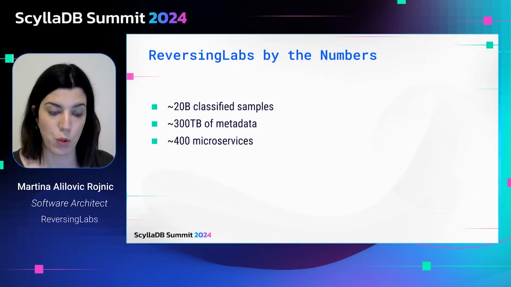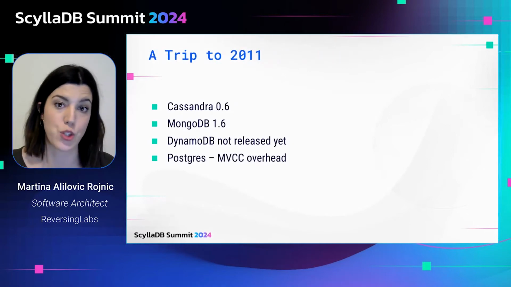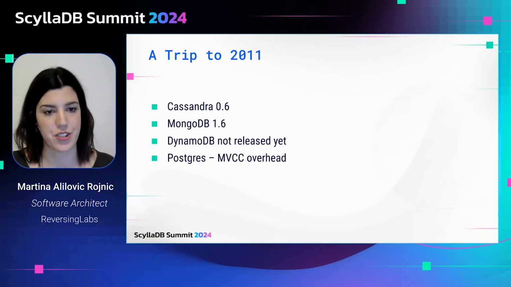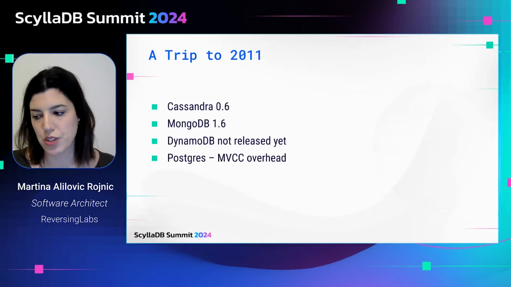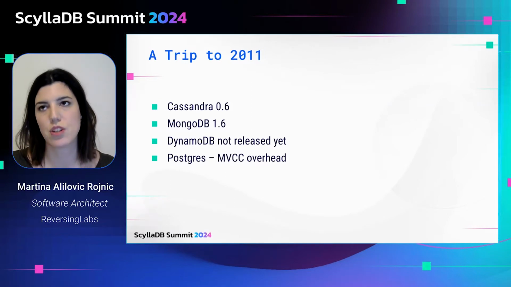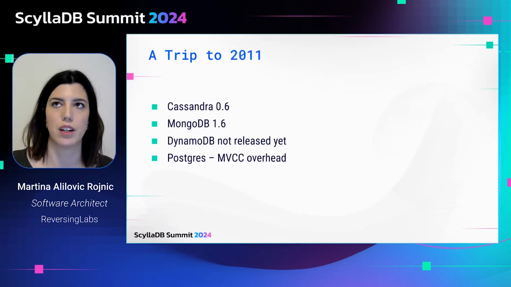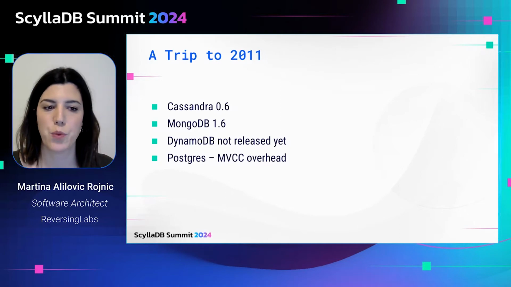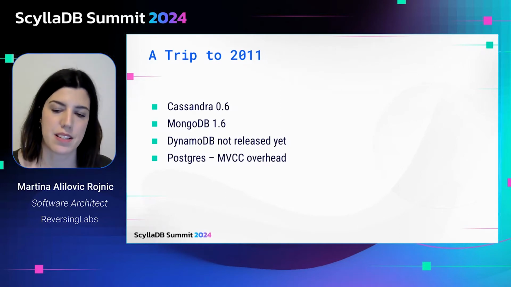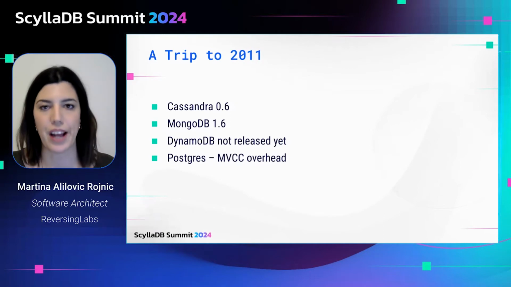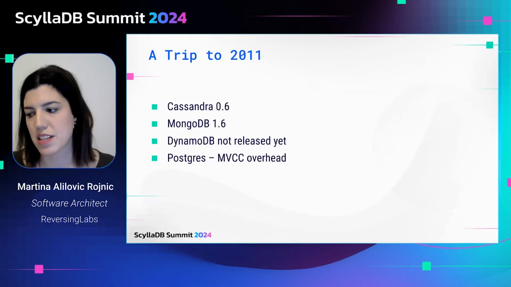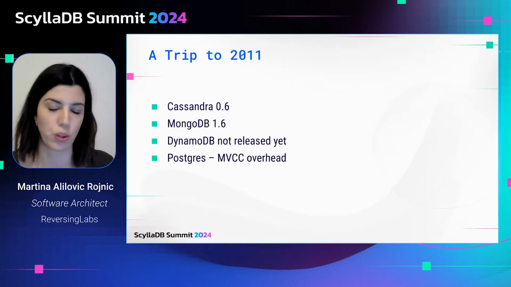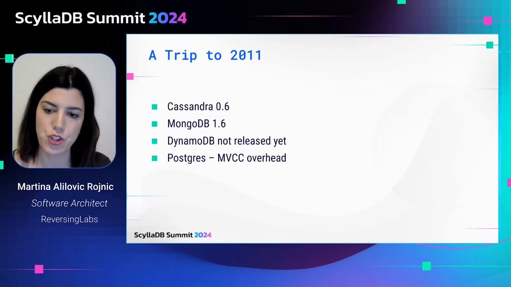Now I want to go back to 2011. That was 13 years ago. In the context of databases, it was a time when NoSQL databases started to get popular. That was a couple of years after Google's famous Bigtable article was published.